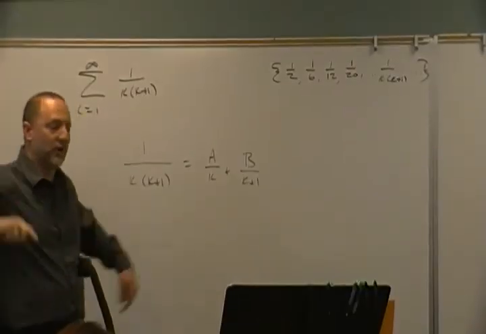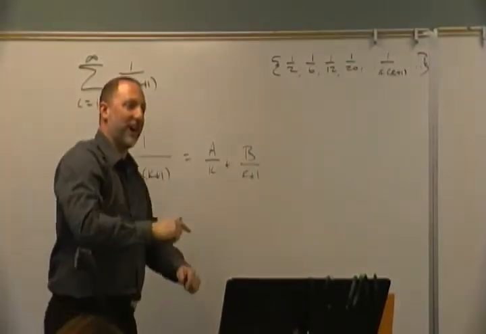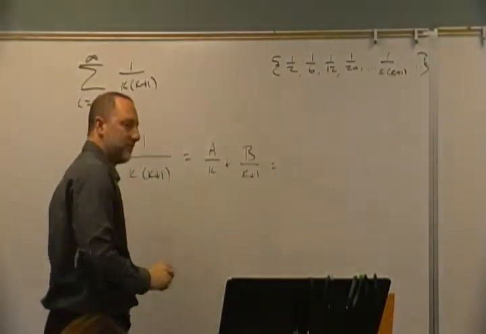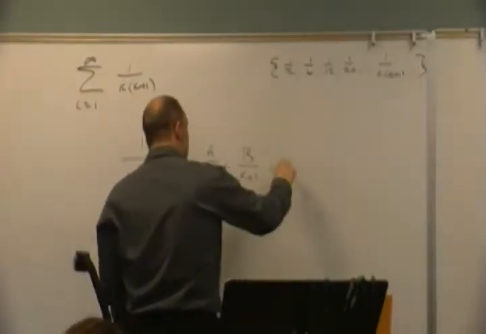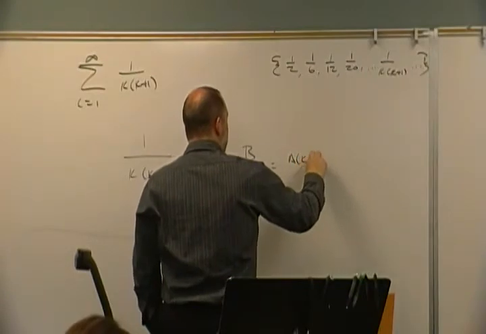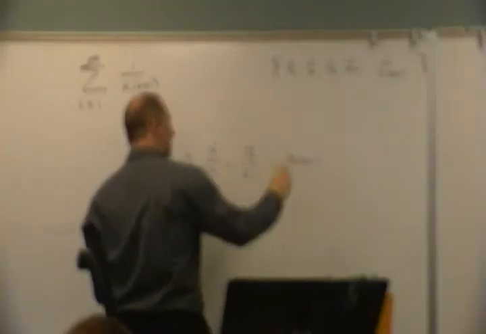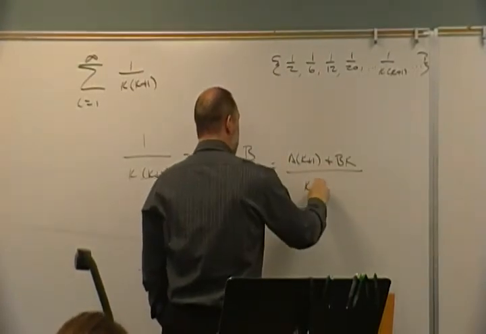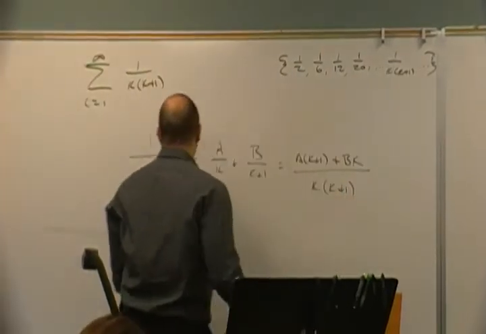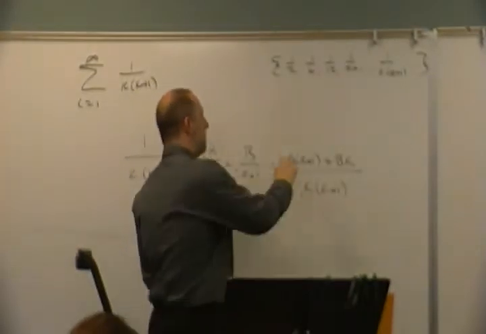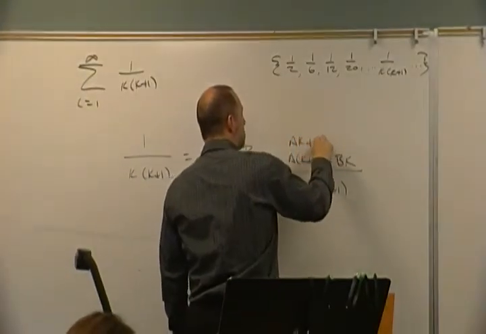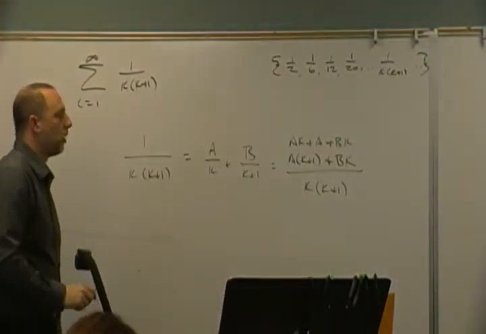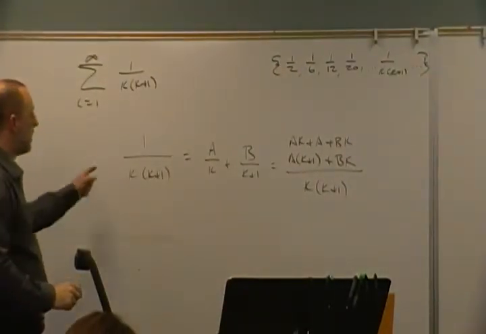So M, what does this equal? A times k plus 1 plus Bk over k times k plus 1. So 1 has to equal Ak plus A plus Bk. So 1 has to equal that.